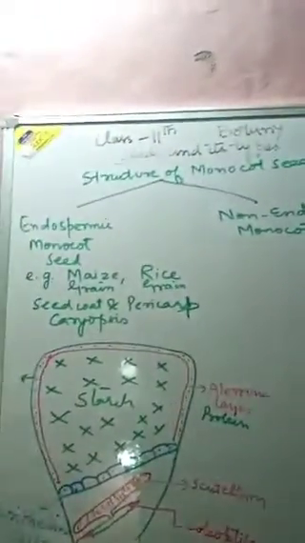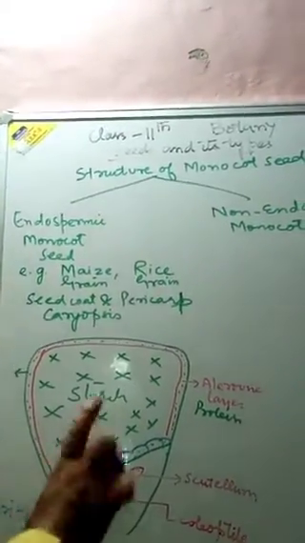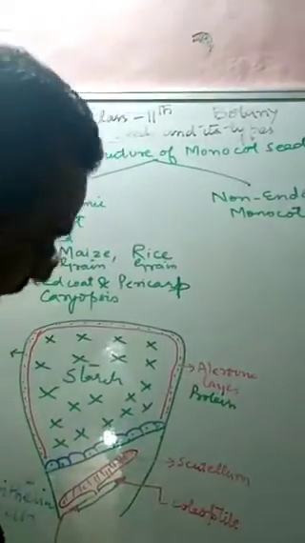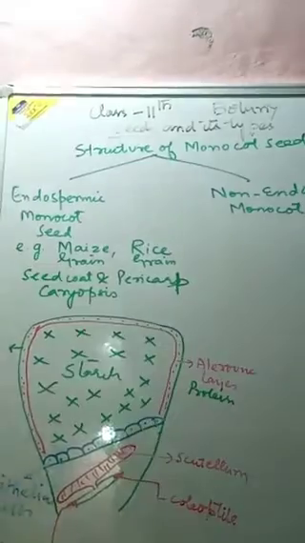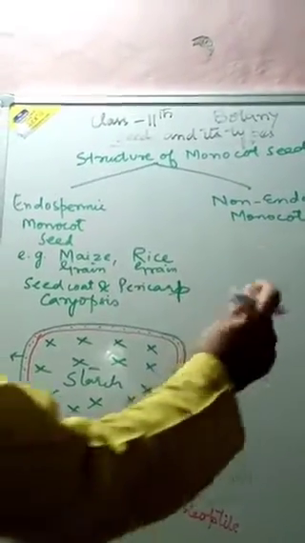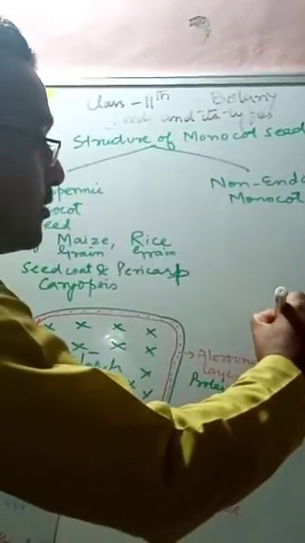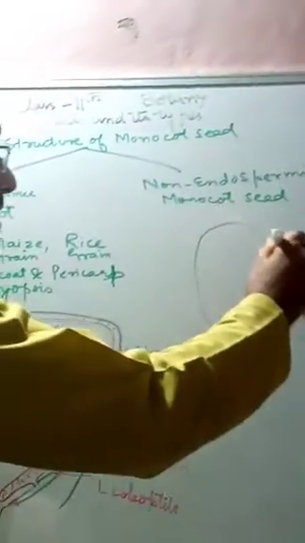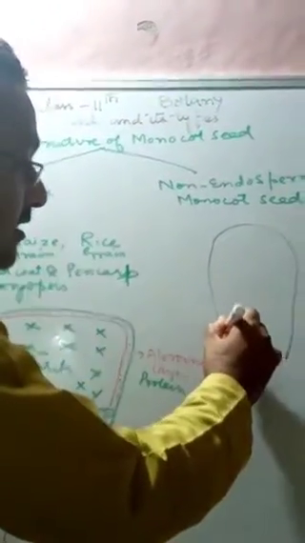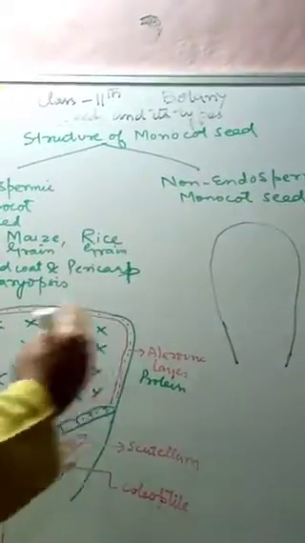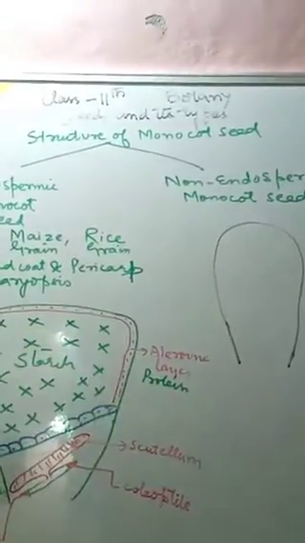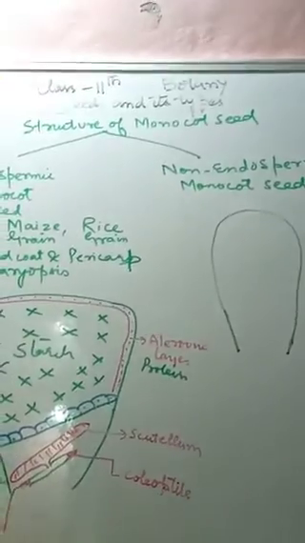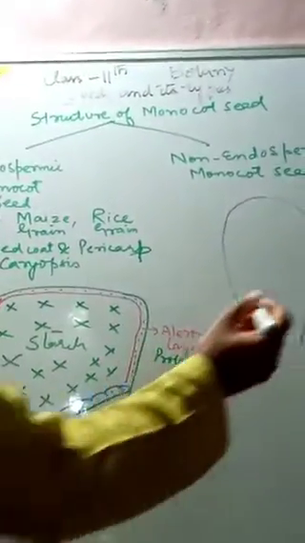Now we have another one, the rice grain. If we draw the rice grain, we will find the difference. In structure there is only a slight difference: maize is somewhat broader, while rice is somewhat narrower, and the rest of the structure is almost the same.